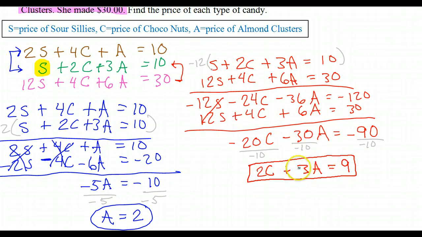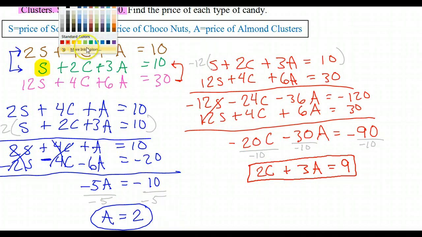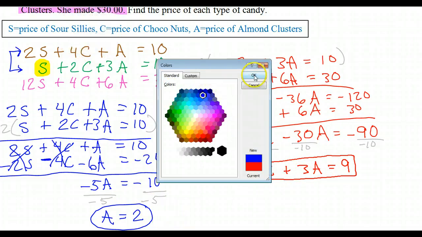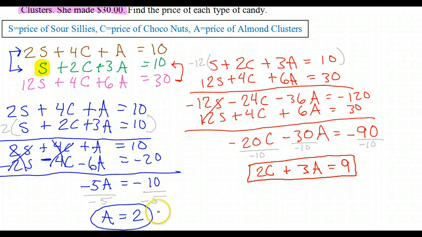Now, I've got the red equation. That's as far as it can go. I put it in the box. But I had this blue value that I found when I did the blue equations. So it would be smart if I go ahead and take this and substitute it in right now.